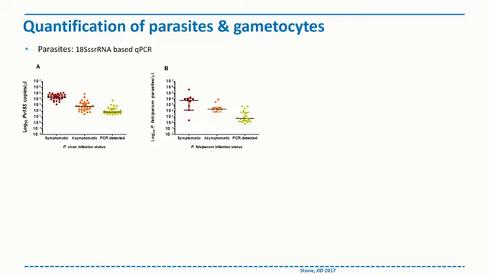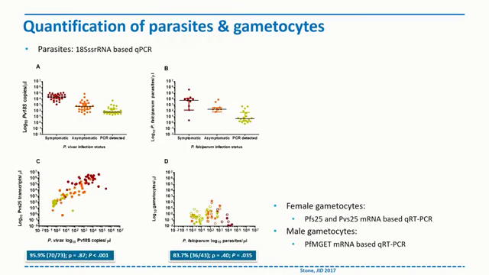As you can see, there is a strong density difference between the 3 groups for both infections. Shown in the lower graphs is the association between gametocyte density detected by PVS25 transcript for vivax and PFS25 male and female transcript for falciparum.